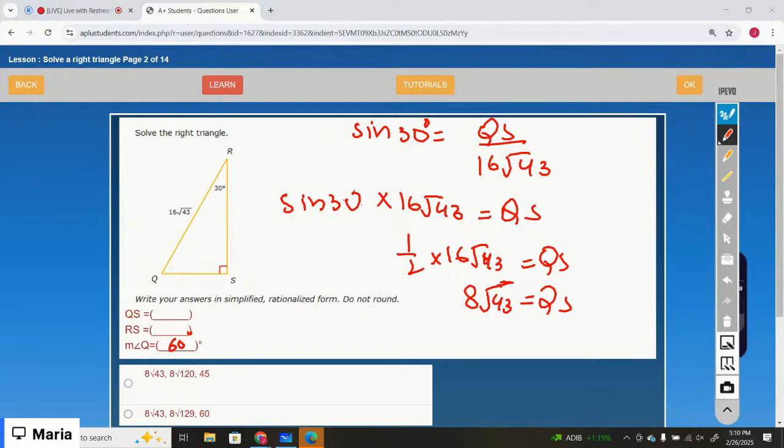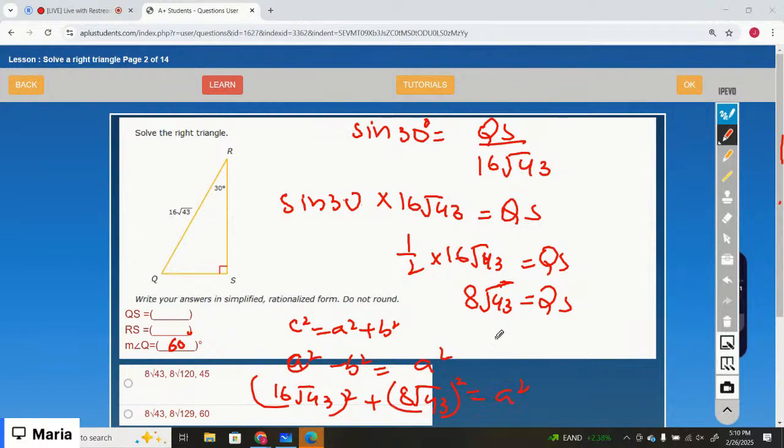Okay, so now you need to find the other side length, right? We have the angle, you need to find the other side length. So you can use the Pythagorean theorem, that is c square equals a square plus b square. C is the hypotenuse that is given. So you need to calculate c square minus b square equals a square. So 16 square root 43 square minus 8 square root 43 square. You need to calculate a square, right?